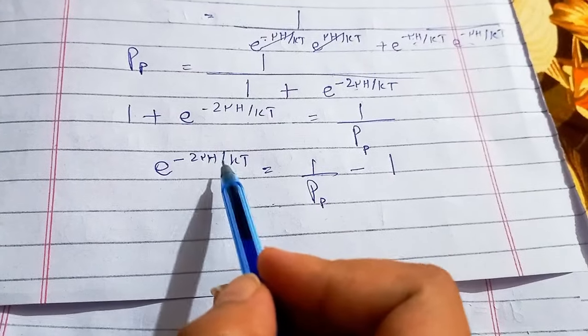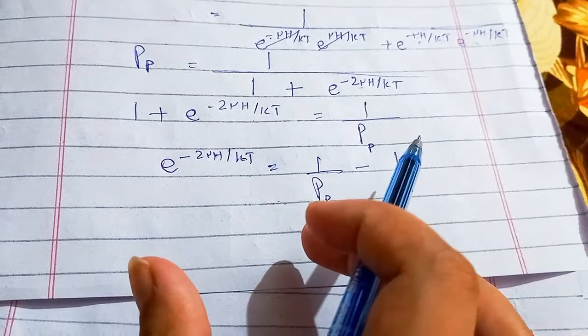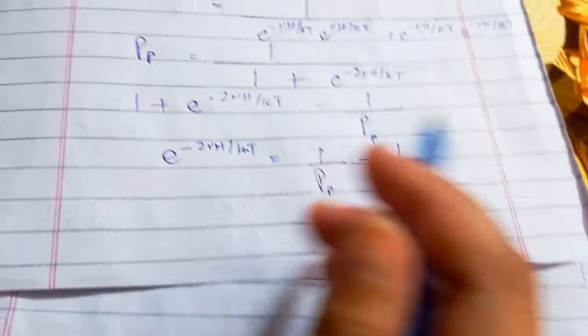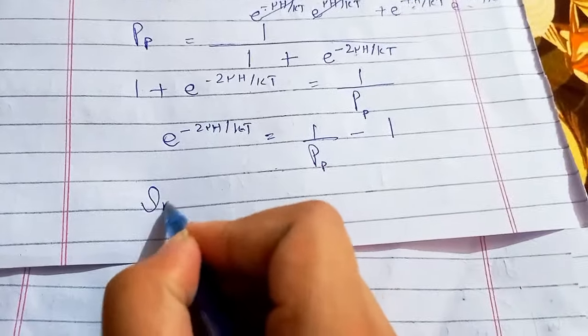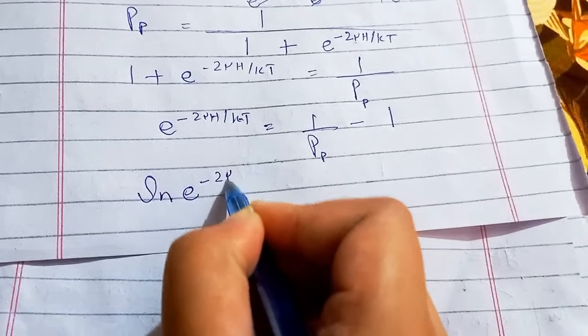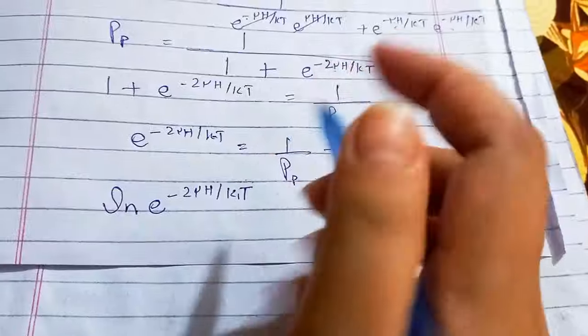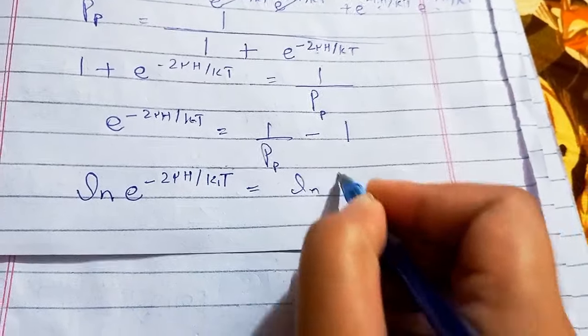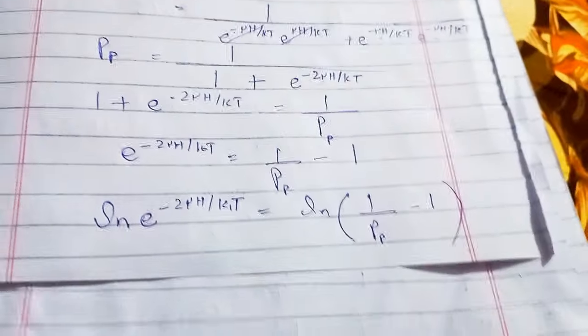Now T is in the exponent, so to extract any variable from the exponent, what we do is apply natural log on both sides of the equation. So we'll apply natural log on this side, and on the other side we get natural log of 1 over P minus 1.